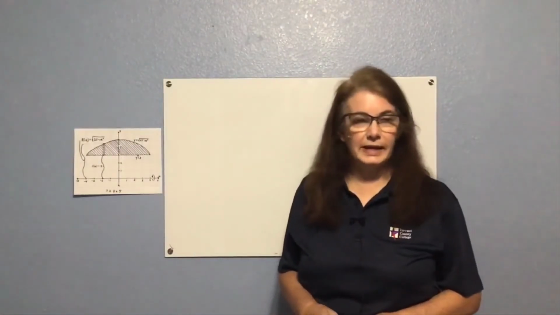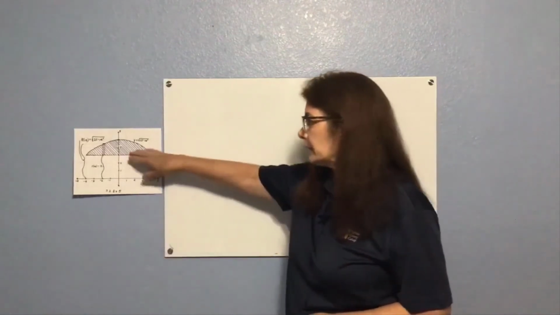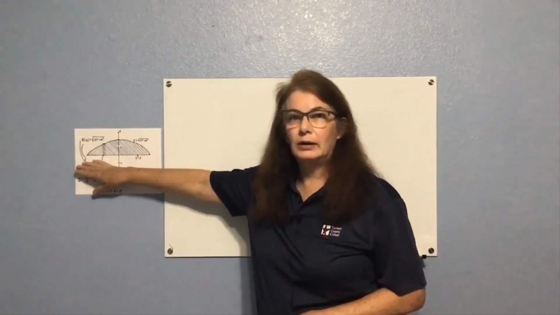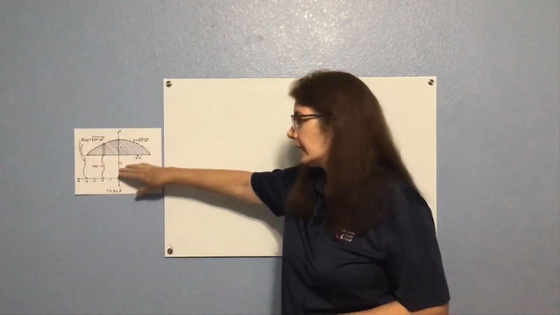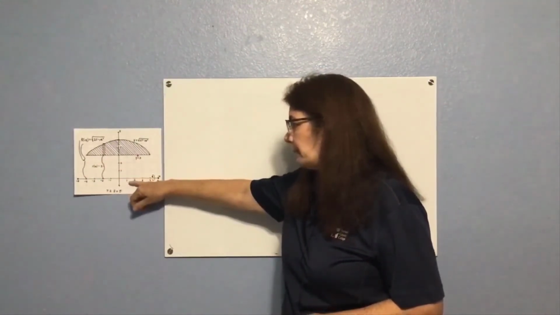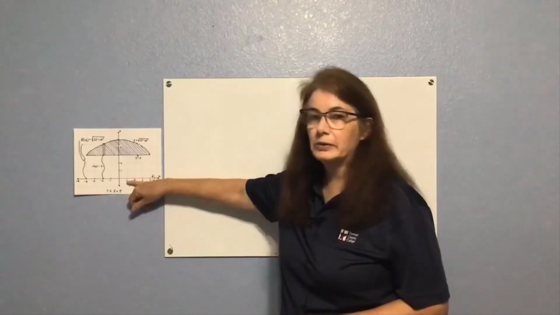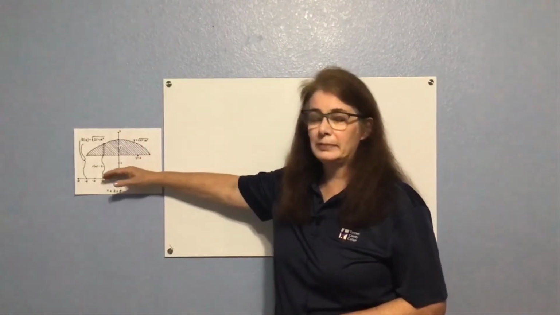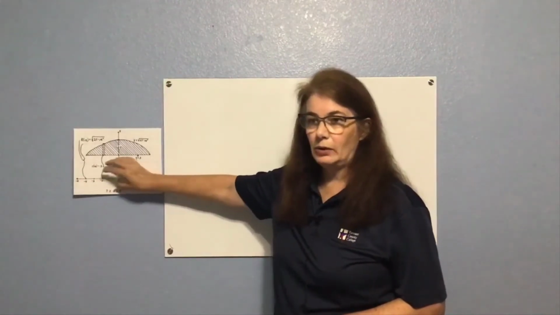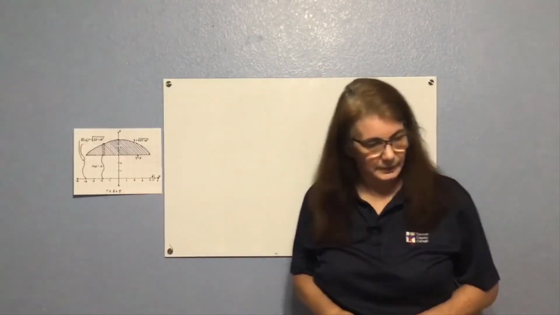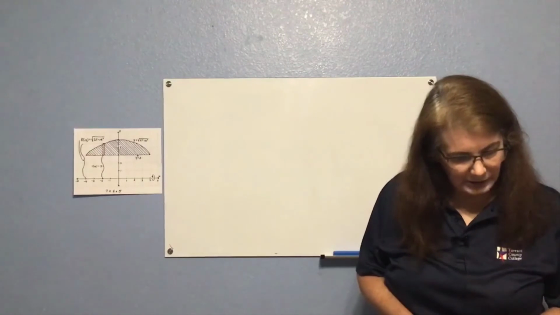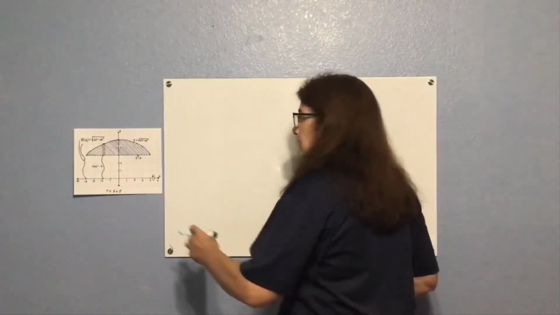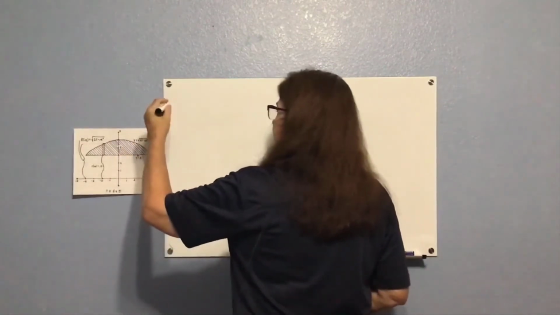In this last example, we're going to take a region here that does have a straight edge, but we're not going to rotate around that straight edge. We're actually going to rotate about the x-axis, which is 3 units away. So we're going to get a shape that looks something like a bead with a hole through the center. We start with the things that we know from the picture.